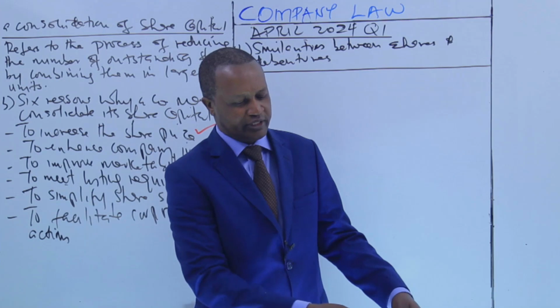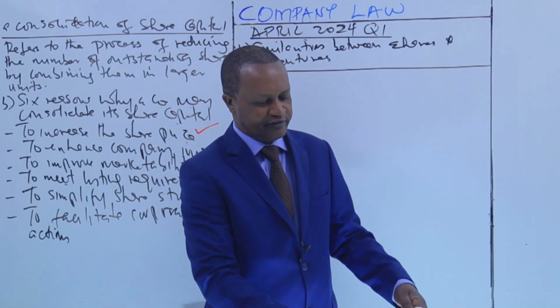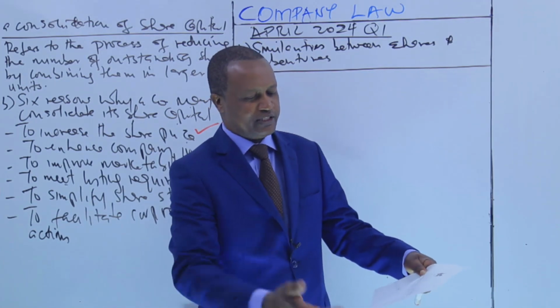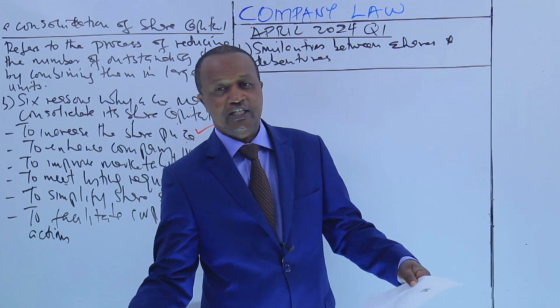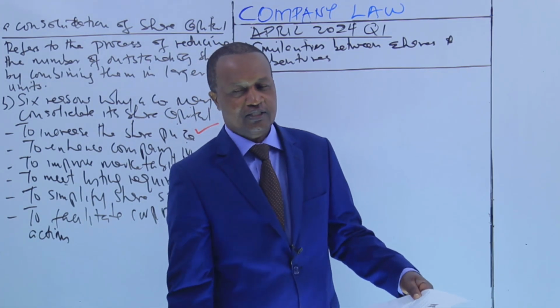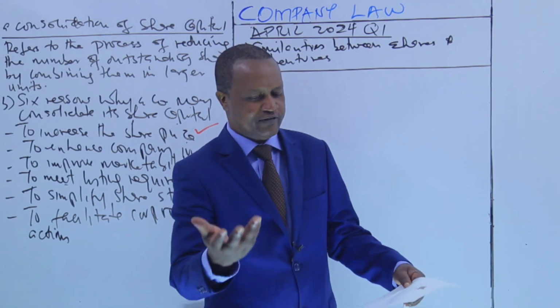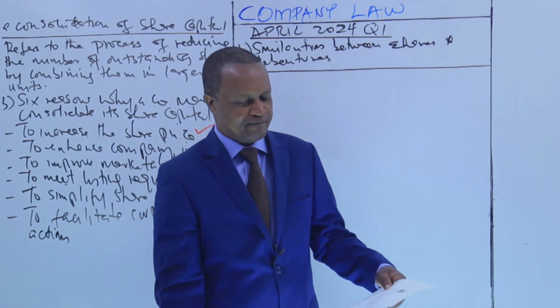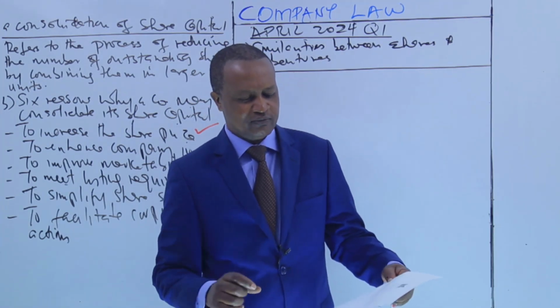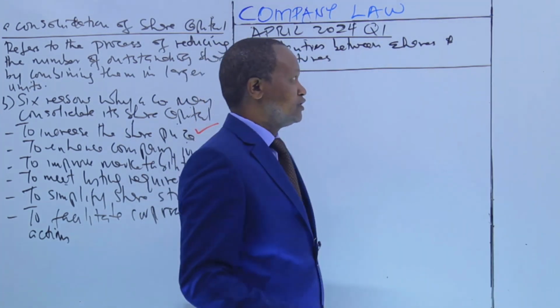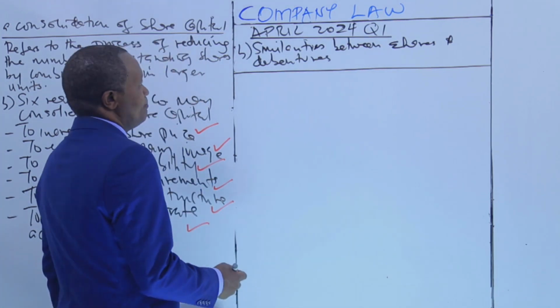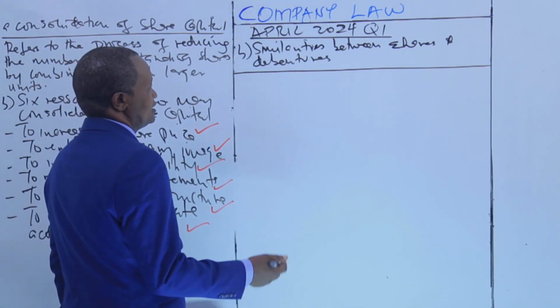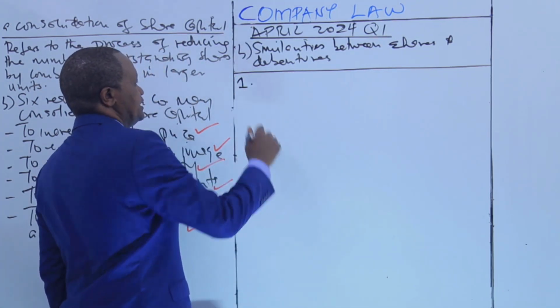Because you can also be asked to differentiate between debentures and shares. That is a question you should have answers to in your memory. So if you are distinguishing, it's important to distinguish on some basis. What is the basis of distinction?